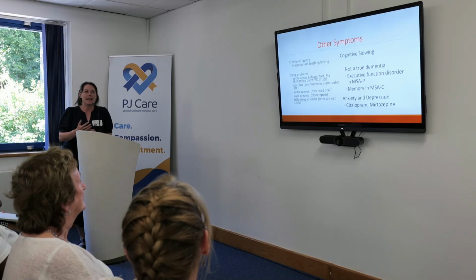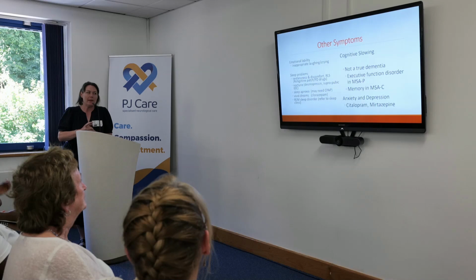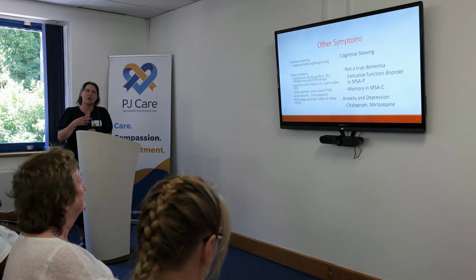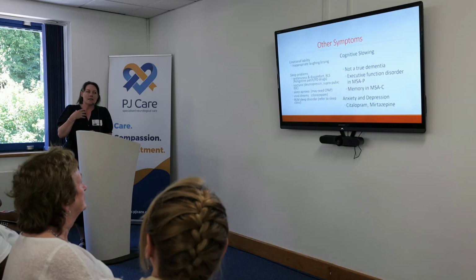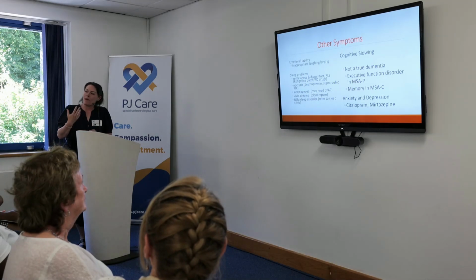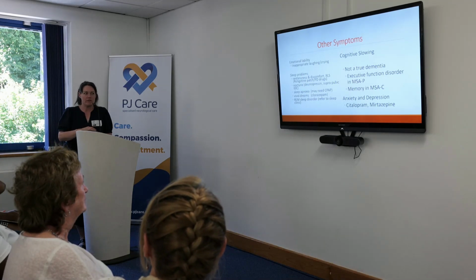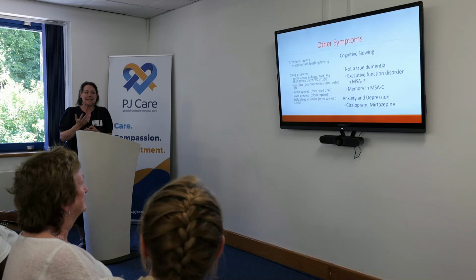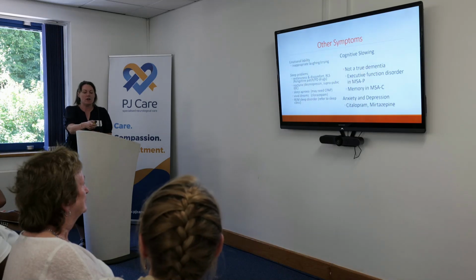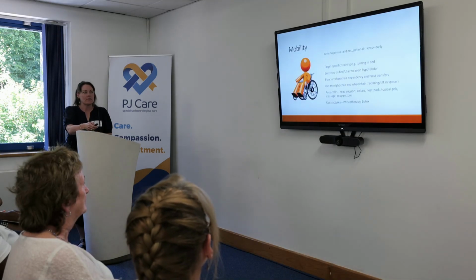They can't learn new things, they get a sort of rigidity of thought, they can't retain new information. It can be really individual for people. And people get cognitive slowing, so you need to slow down the conversation, talk about one thing at a time, give people time to respond. And anxiety and depression we know already is part of these conditions.